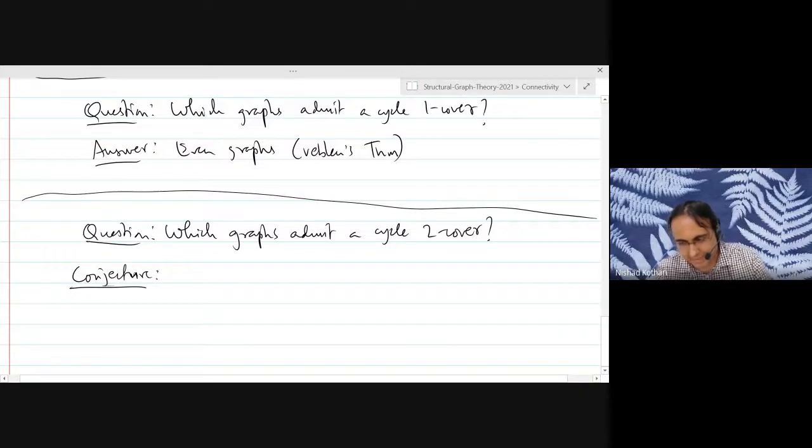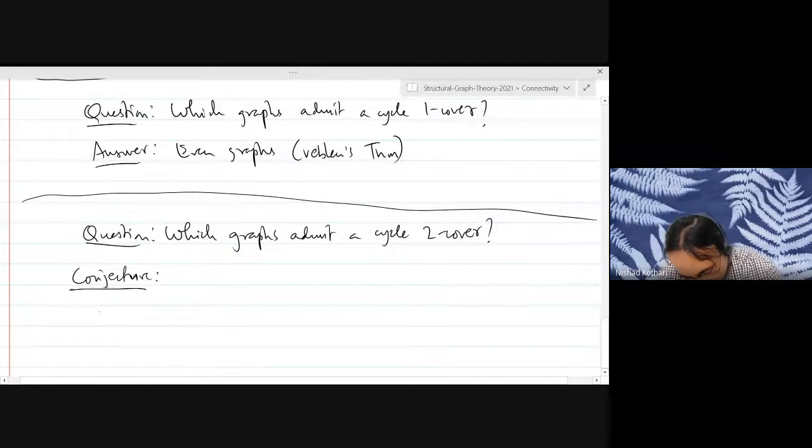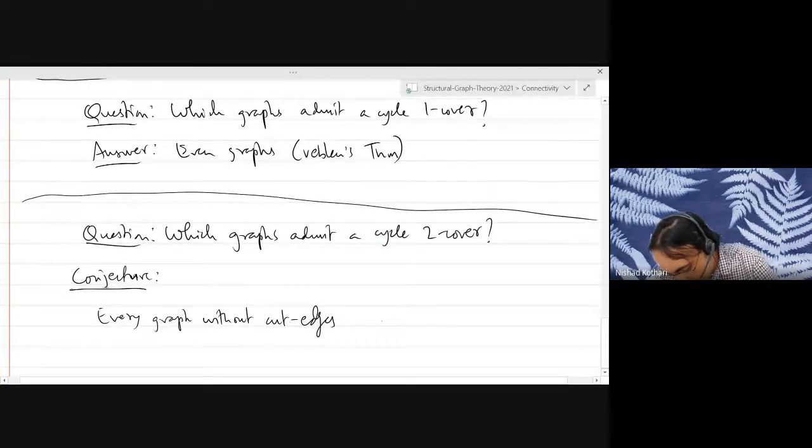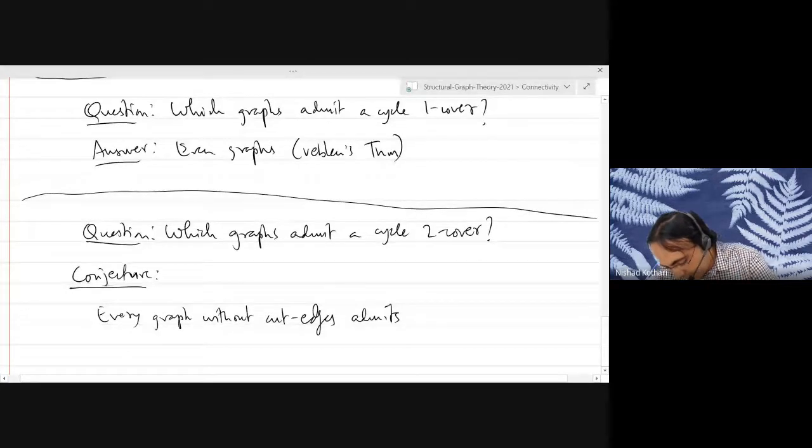And it turns out that there is a conjecture which says that every graph in the world without cut edges, because of course you can't have cut edges, admits a cycle 2 cover.